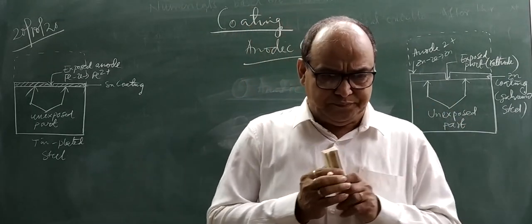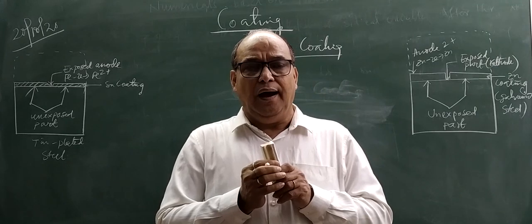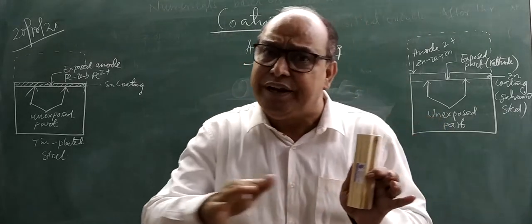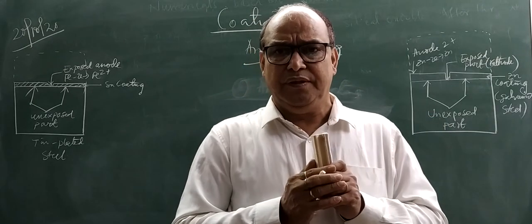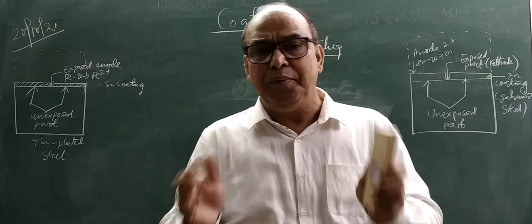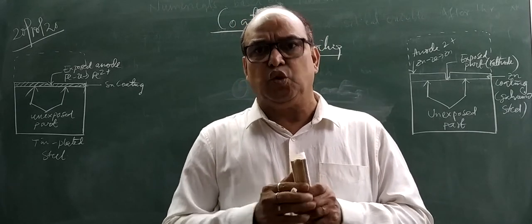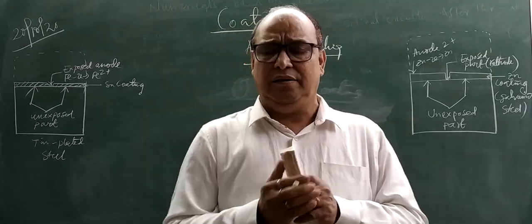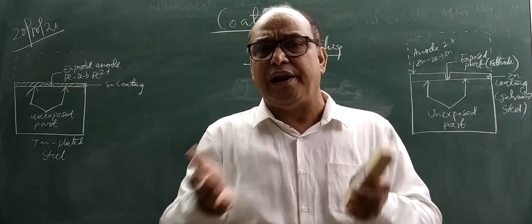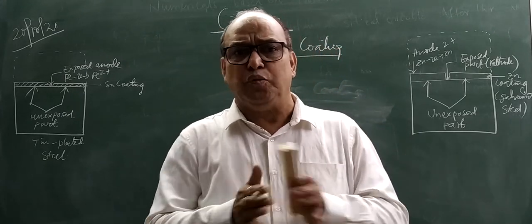And therefore, if any part of the coated area gets punctured, a galvanic cell is produced, and automatically the coating material, standing higher, will become the anode, and the punctured area will become the cathode to make a complete cell.